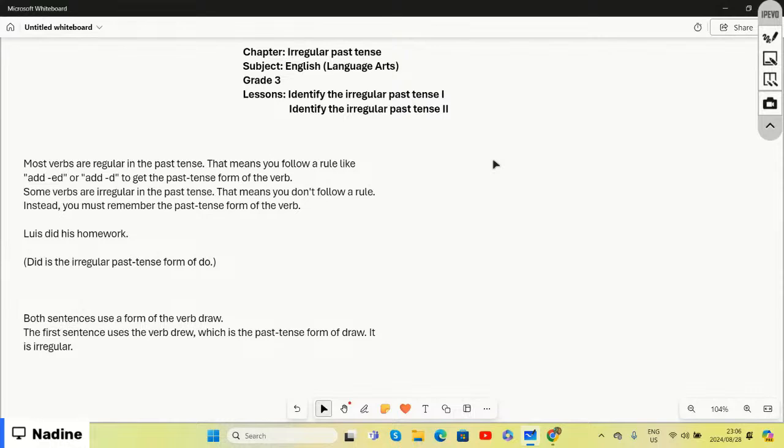All right. So when it comes to irregular past tense, when we talk about our tenses, we always talk about present tense, past tense, or future tense, right?